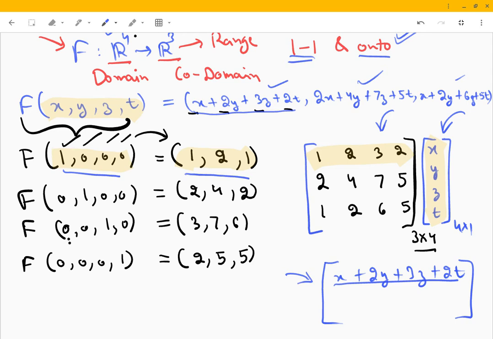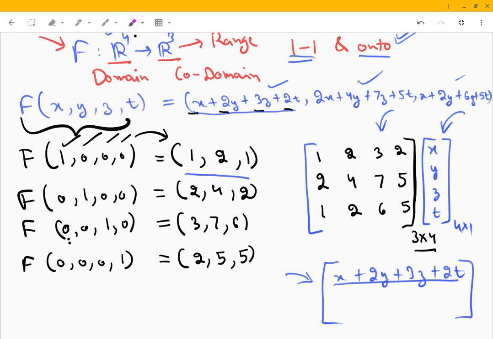Now let's understand the deeper nuances of this. One thing I want you to observe at this stage is this transformation matrix. Now look at what we got.